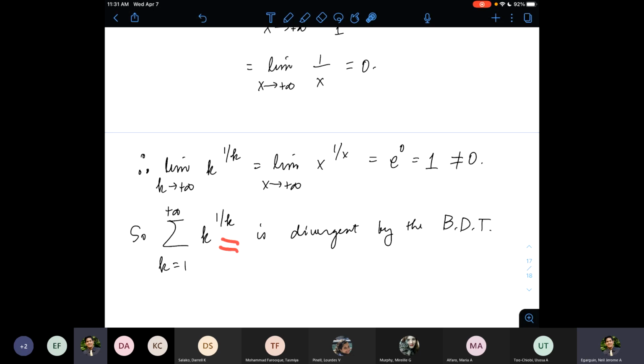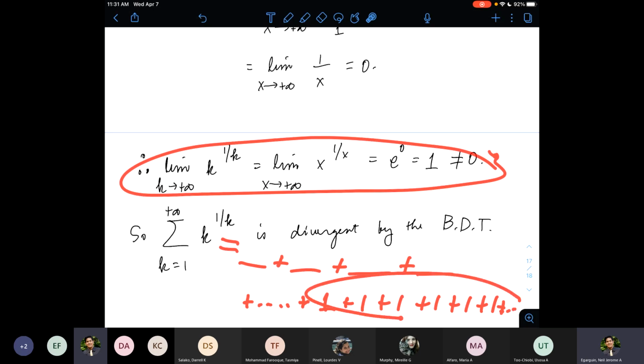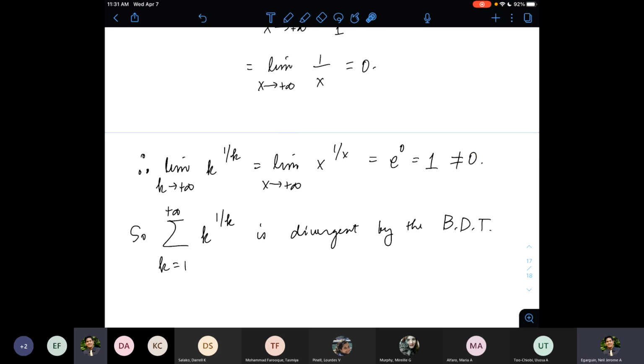So if you expand this, you'll have number plus number plus number plus some number plus, and in the tail end of the sum, the terms will become very, very close to 1, because that's what this limit statement is telling us. It's telling us that in the long run, the terms will look like 1. So there would be infinitely many numbers close to 1 at the tail end of your summation. Then it's impossible to get a finite answer out of this.